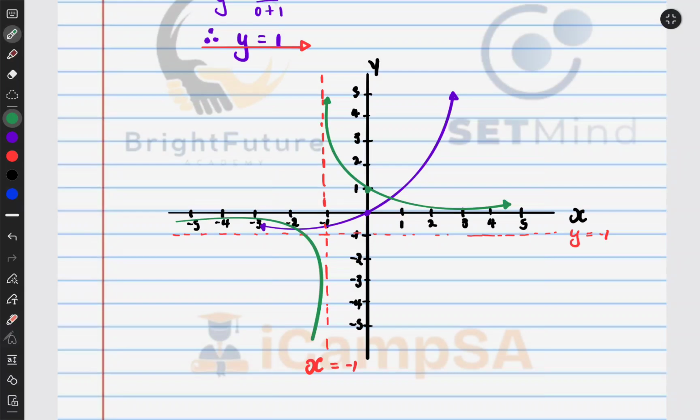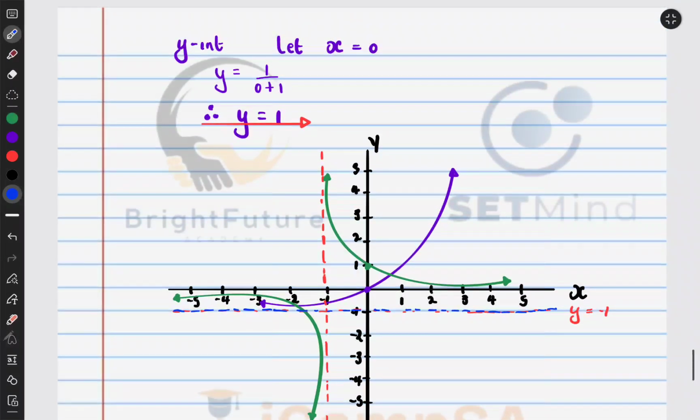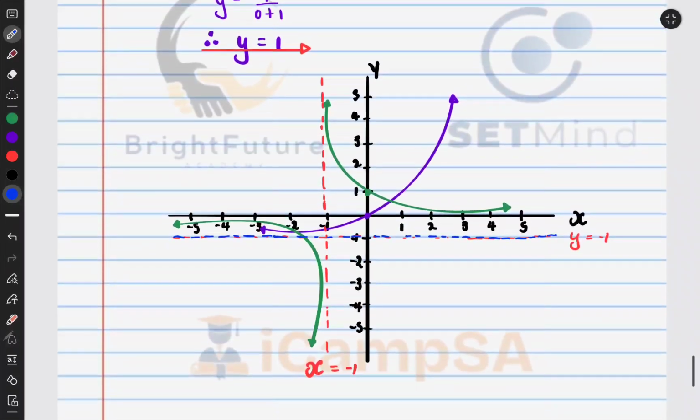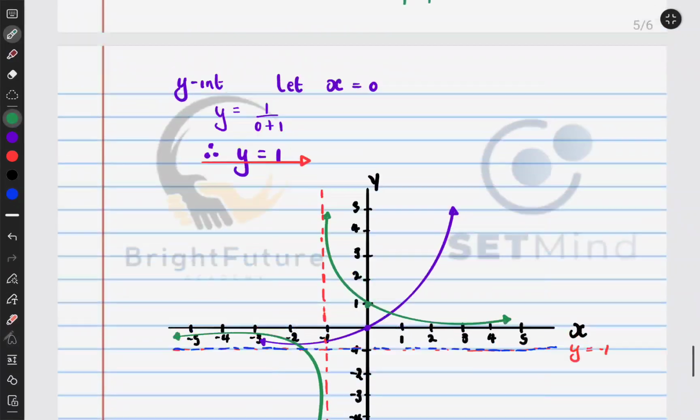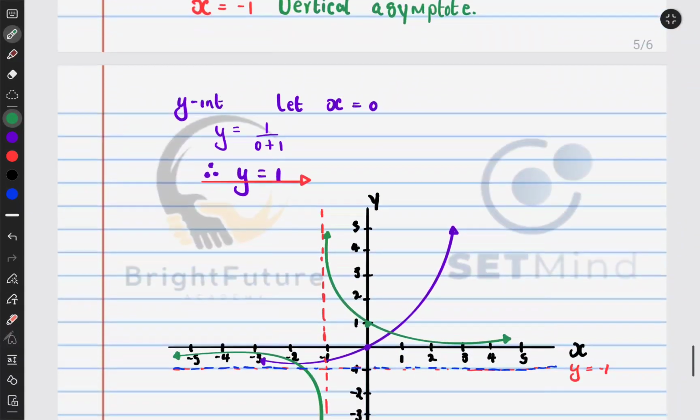Remember that the horizontal asymptote there is for the, I should have just used different colors. In fact, for this one, let me also label. It goes with the purple function, the exponential function, where y is equal to 0, and then the red one goes with the hyperbola, the green function.